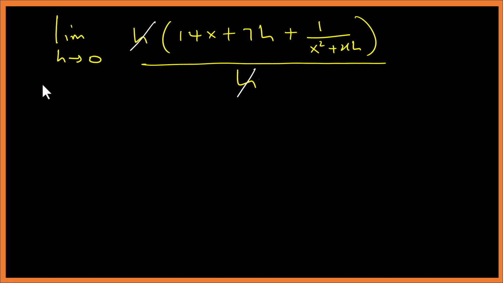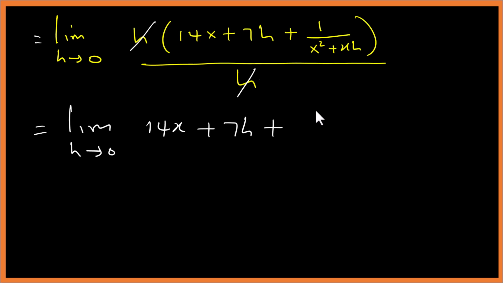So limit as h approaches 0 of 14x plus 7h plus 1 on x squared plus xh. Now since h approaches 0, we plug in 0 where we see h.